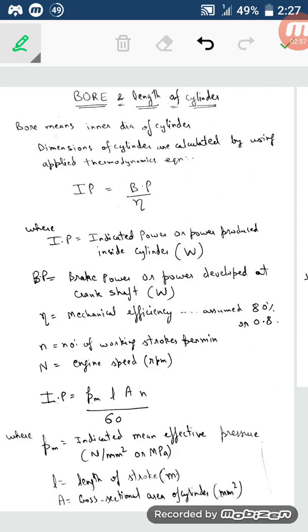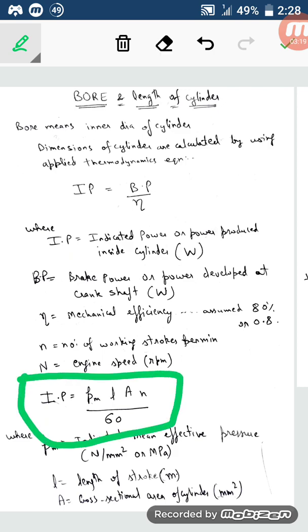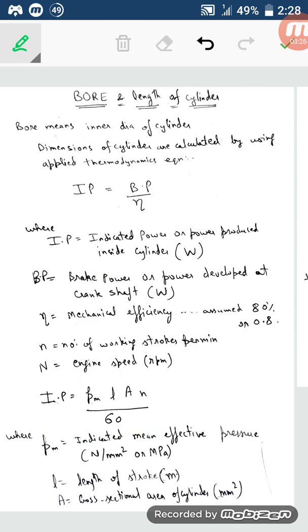Now comes our small n and capital N. Small n is the number of working strokes per minute, and capital N is the engine speed, in rotations per minute. Now our next equation says indicated power is equal to indicated mean effective pressure times length of stroke, which is in meter.